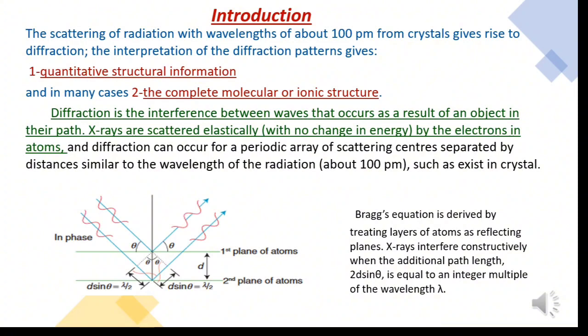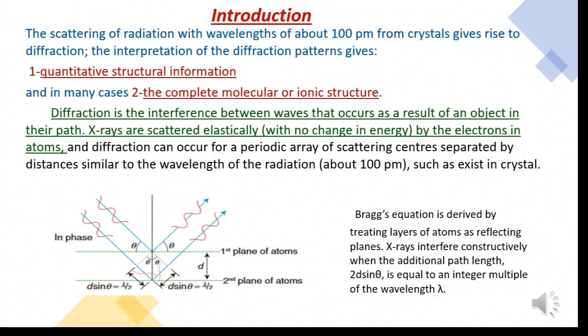Introduction: the scattering of radiation with wavelengths of about 100 pm from crystals gives rise to diffraction. The interpretation of the diffraction patterns gives, number one, quantitative structural information, and in many cases, the complete molecular or ionic structure. Diffraction is the interference between waves that occurs as a result of an object in their path.